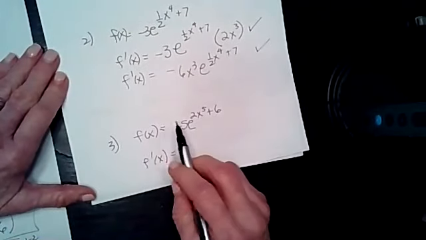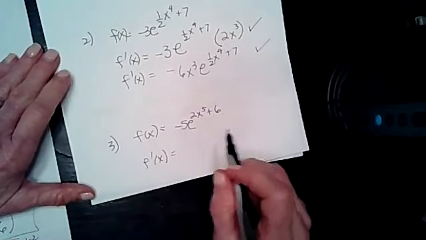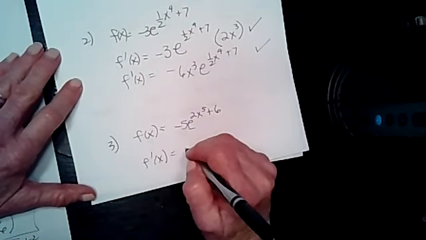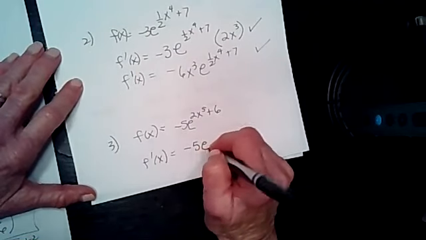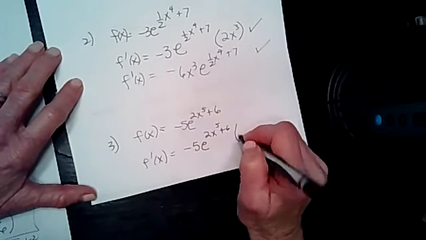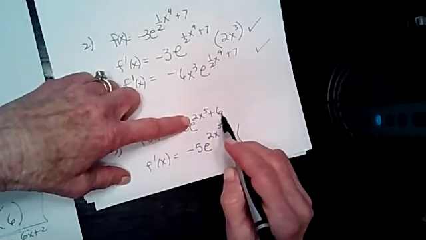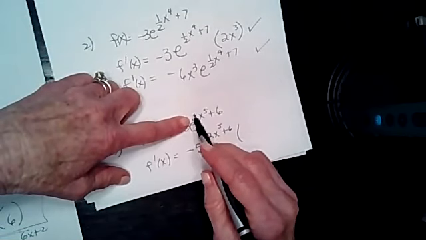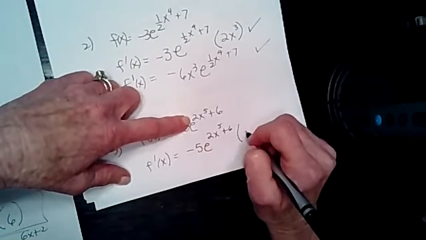And then one more just like that. If f of x is negative 5e to the 2x to the 5th plus 6, then the derivative is negative 5e to the power times the derivative of 2x to the 5th plus 6, which is 10x to the 4th plus 0.